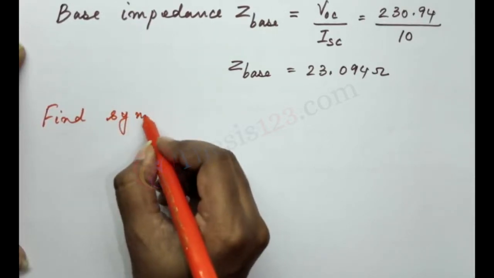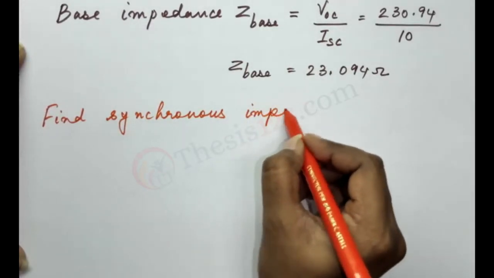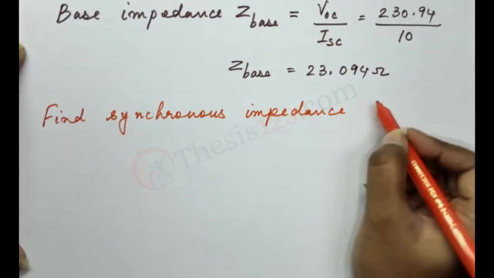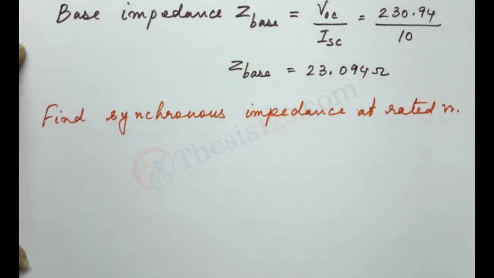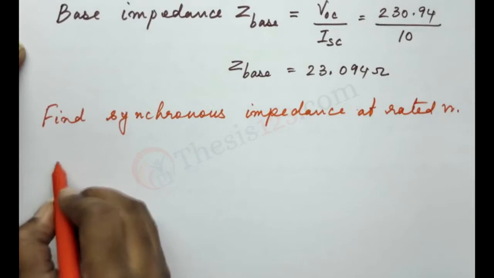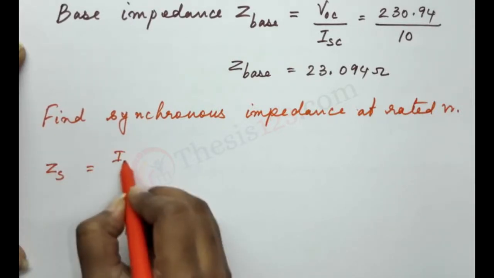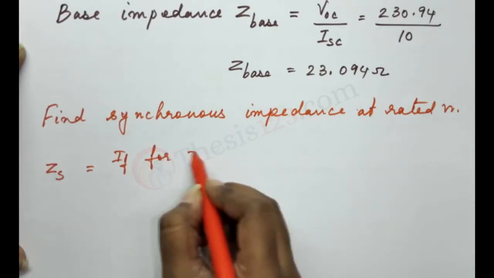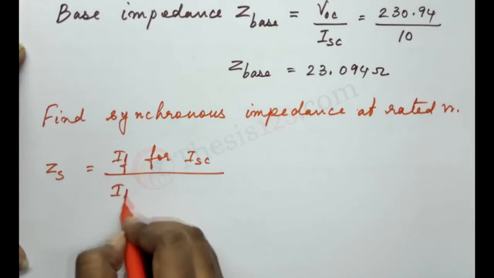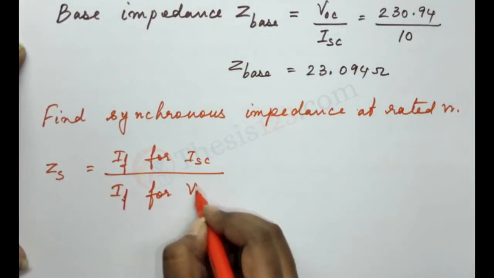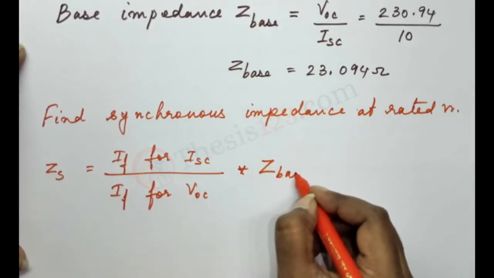in order to find the synchronous impedance at rated voltage. Okay, so ZS is equal to the field current for the short circuit test divided by the field current for the open circuit test times the base impedance.